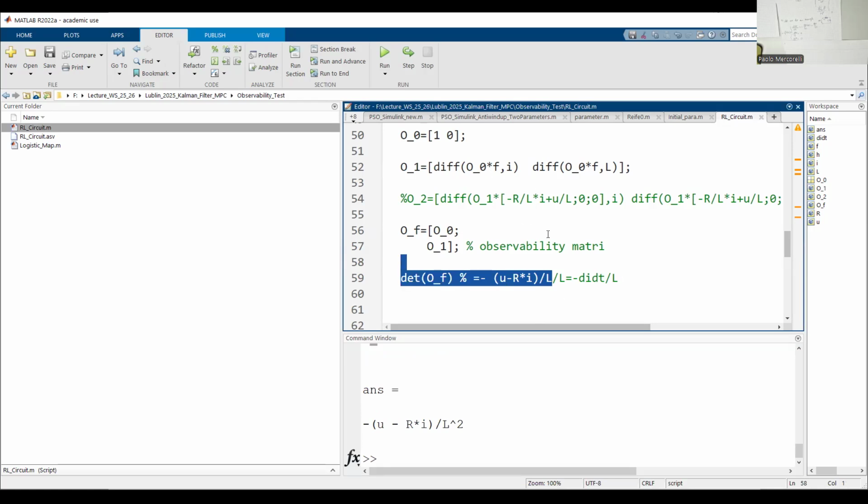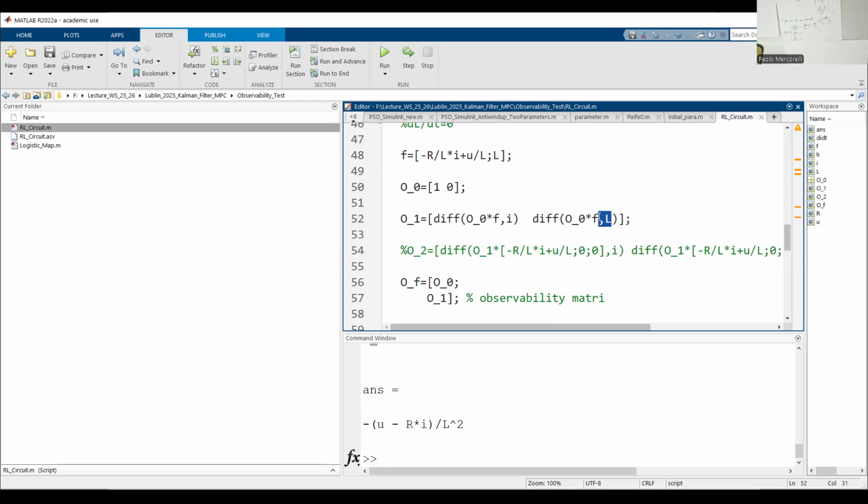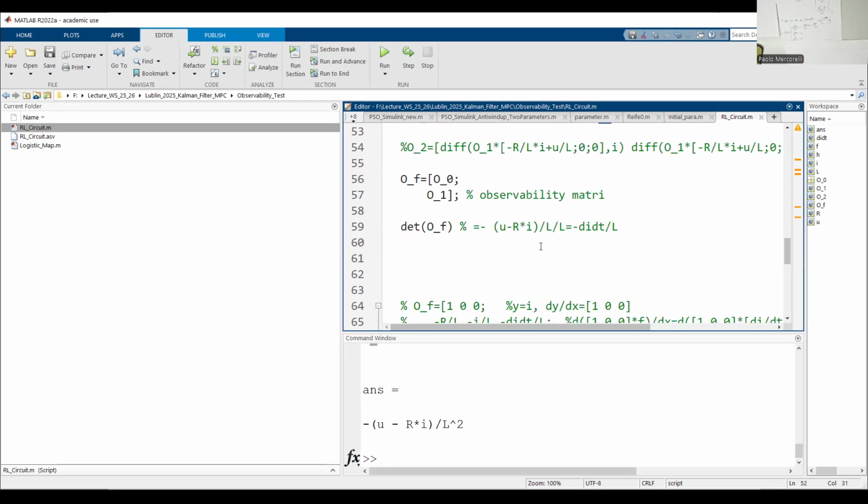Here we are in the case of L. We can see here the derivative of the current with respect to the time divided by L. Why in the case of L do I need the derivative for the sufficient condition? If the condition is not satisfied, no conclusion. But if it's not zero, I can say that the system is observable.